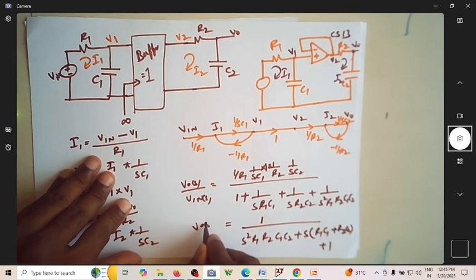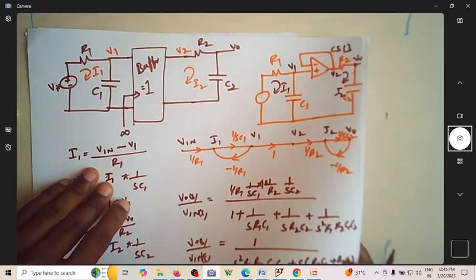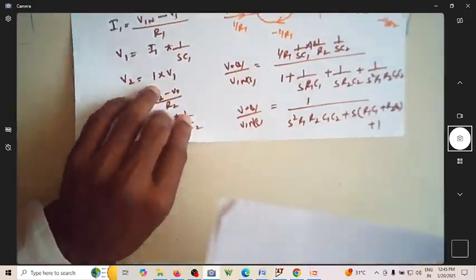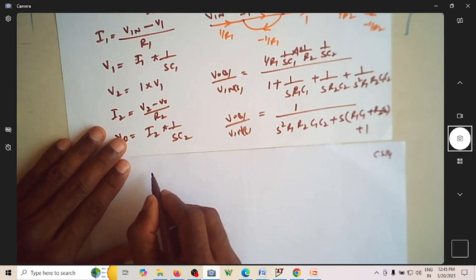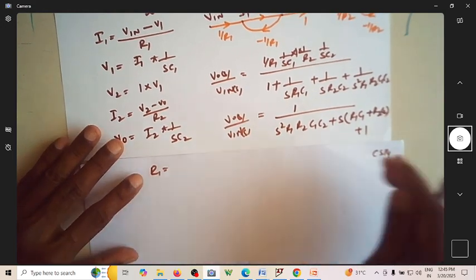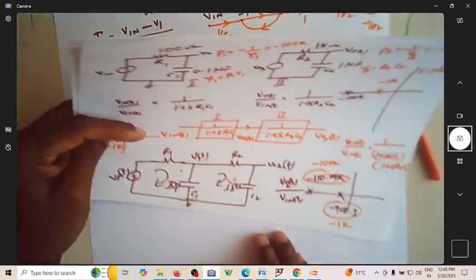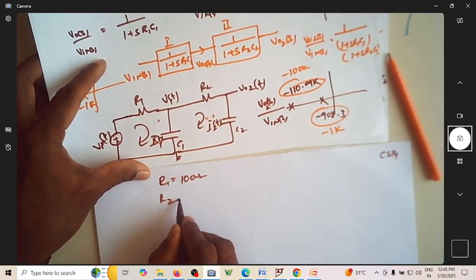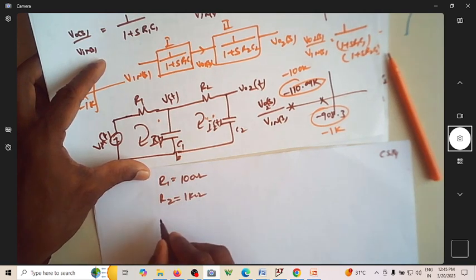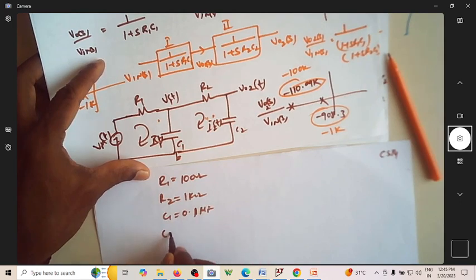This is V naught of S by V in of S. So upon substituting the values, what do we get? R1 as 100 ohm, R2 as 1 kilo ohm, C1 as 0.1 microfarad, C2 as 1 microfarad.